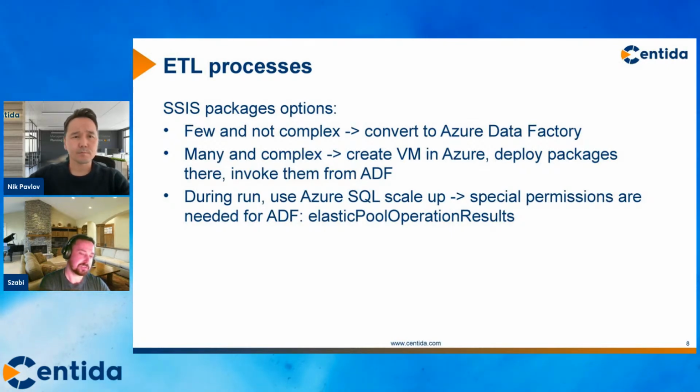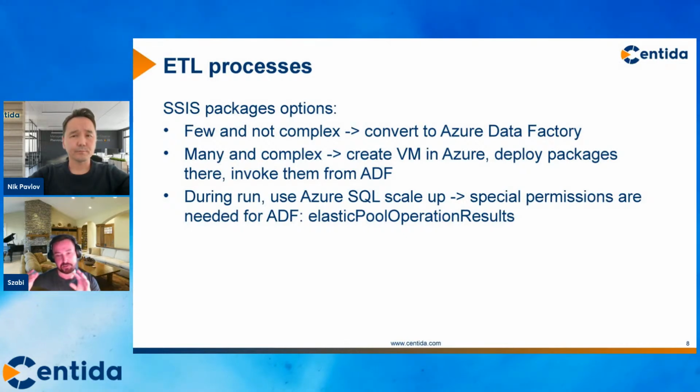But when the data is loaded, it was crucial that it executes fast, right? So for that, we created in Azure Data Factory a scale-up activity. You can find patterns on the internet. ChatGPT can also help. It's really working.